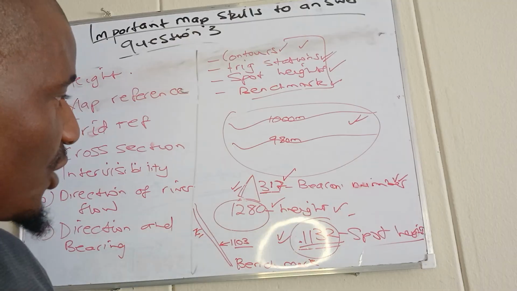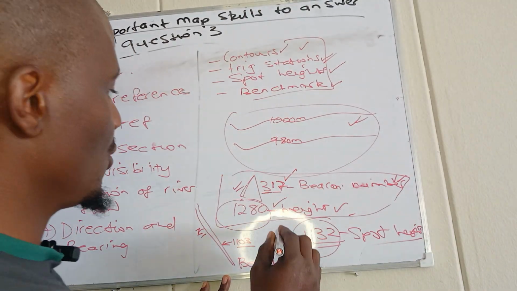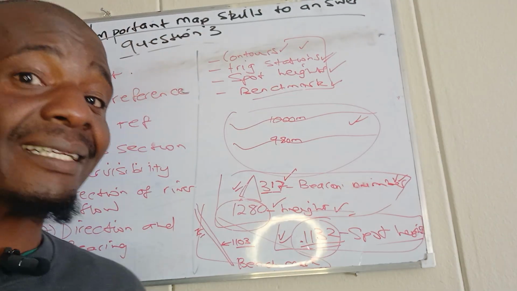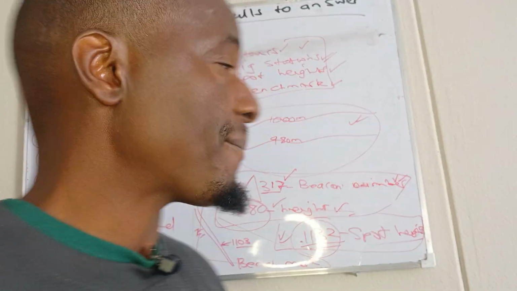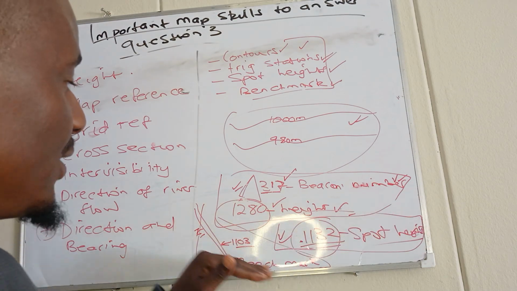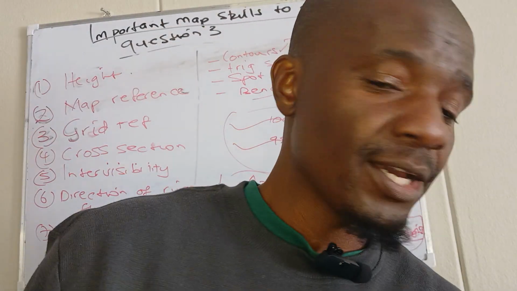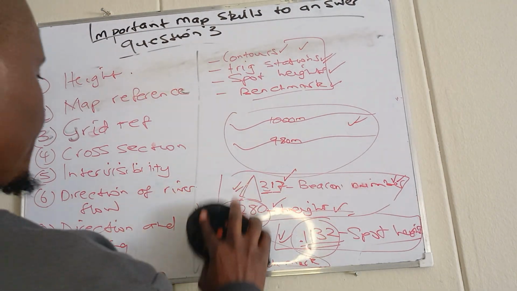Then you've got your trig station, your spot height, and your benchmark. These are the things that can help you to interpret height on a map.